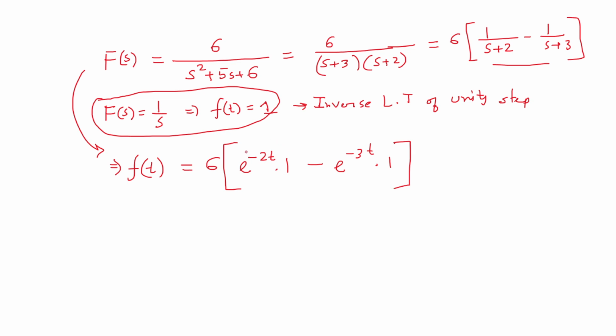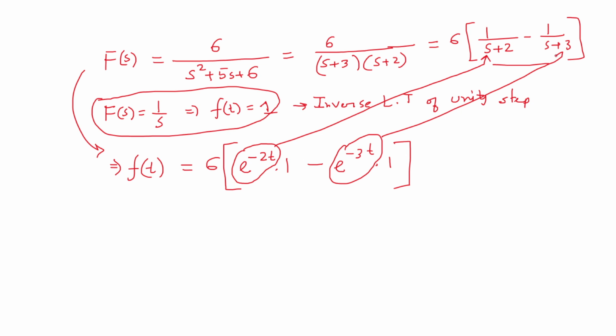Now again explaining why this e to the power minus 2t: because of this shifting in the frequency domain. Why this e to the power minus 3t? It is due to the shifting in the frequency domain by a factor of 3. Now why this 1? Because it is a unit step, 1 by s, we are obtaining the inverse Laplace transform of it.